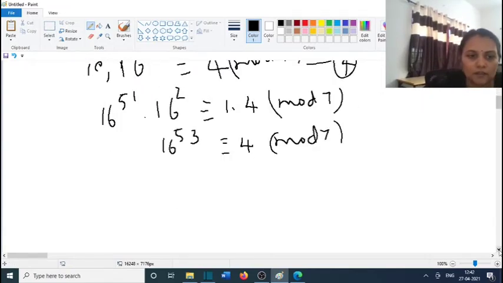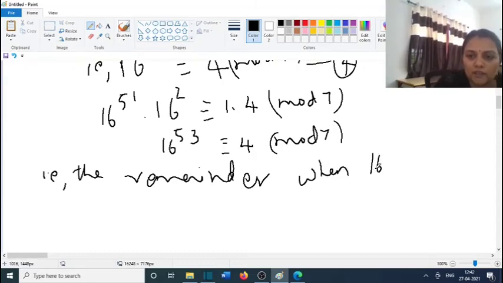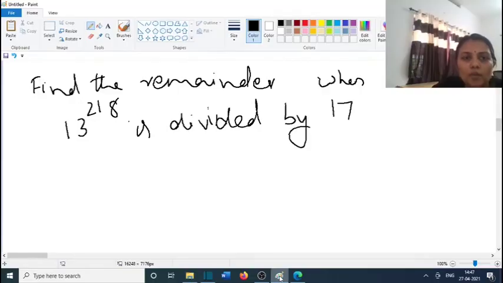That is, the remainder when 16 raised to 53 is divided by 7 is 4.